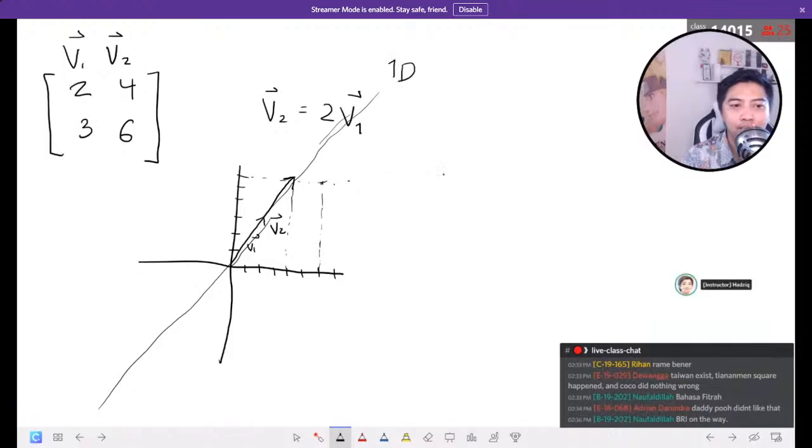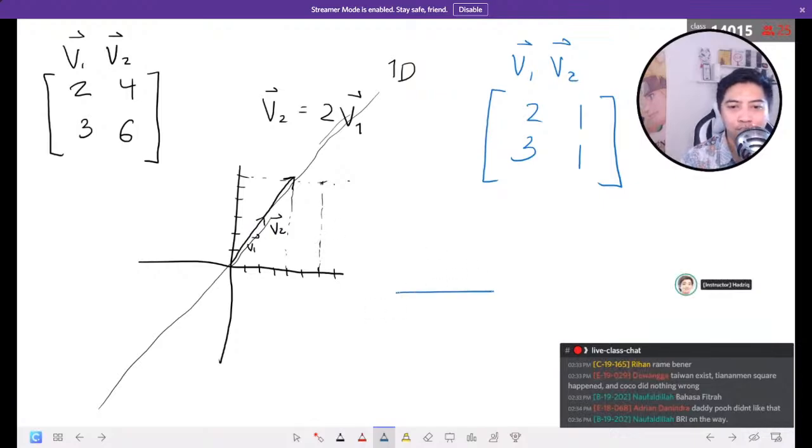But let's say that you have V1 and V2: 2, 3, and for example 1, 1. Let me draw it again. 1, 2, 3, 4, 5, 6 on each axis.